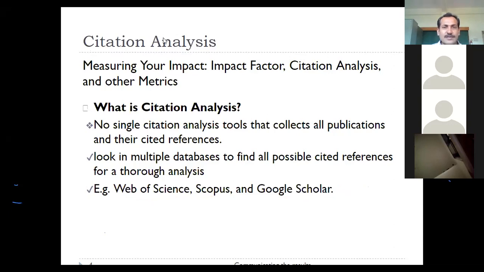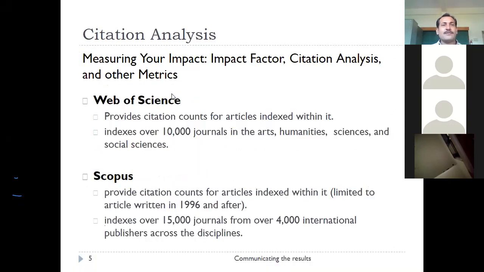Now, if you see these tools, out of that, Web of Science provides the citation count for the articles indexed within it.